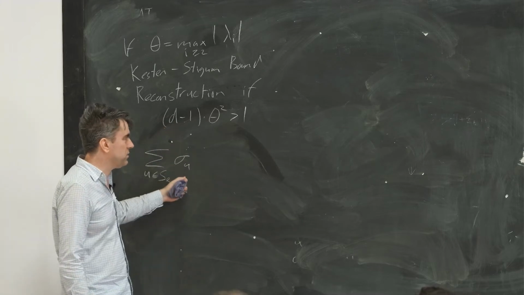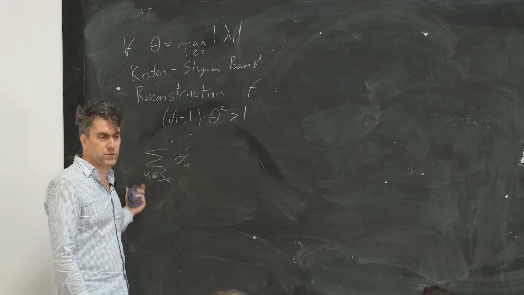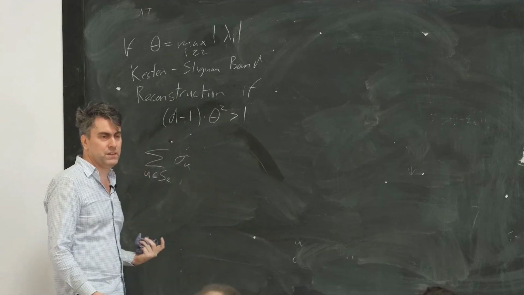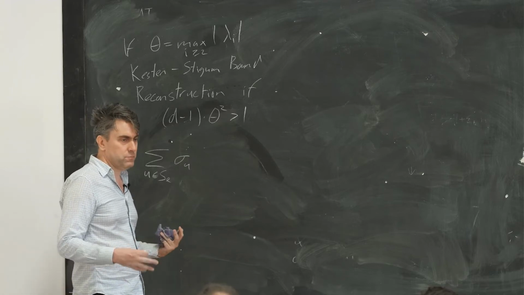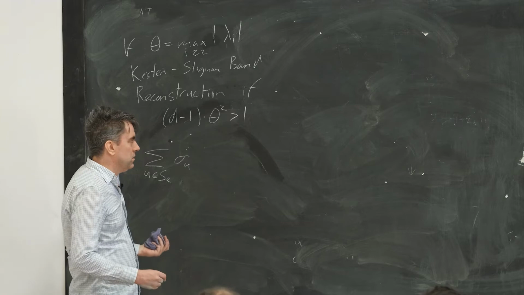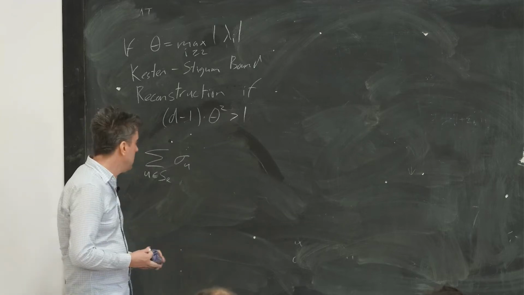Well, if this was positive, you would guess that it started with a plus. If it was negative, you would guess that it started with a minus. And you can ask, when is this guess a good guess? Like one that's right with probability more than a half in the limit.